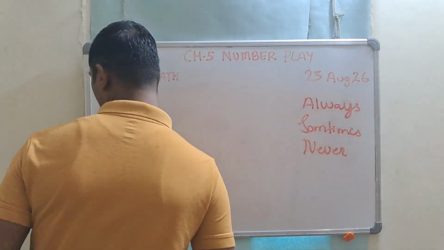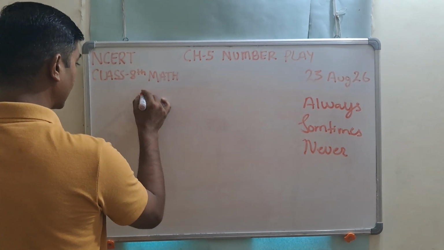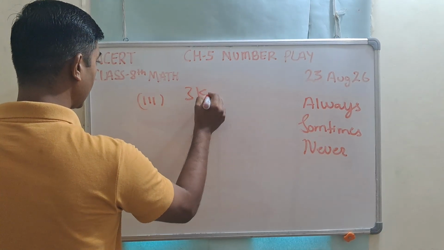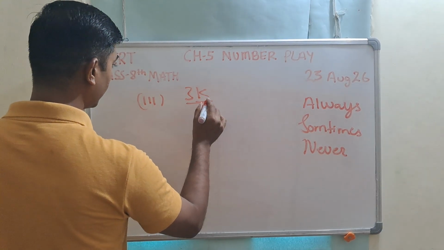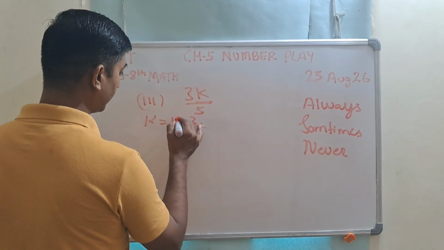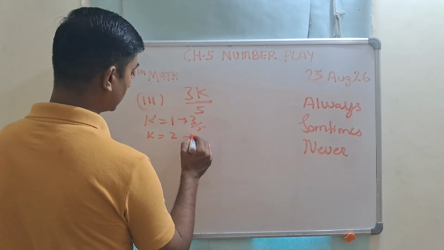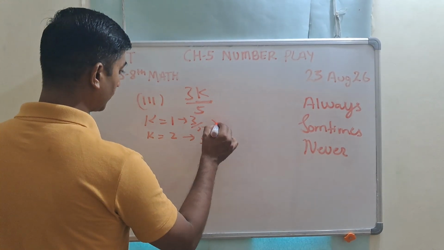Now we will see the third. What is third? Third is 3k upon 5, that we will see. K equal to 1 is 3 upon 5, k equal to 2 is 6 upon 5, wrong.